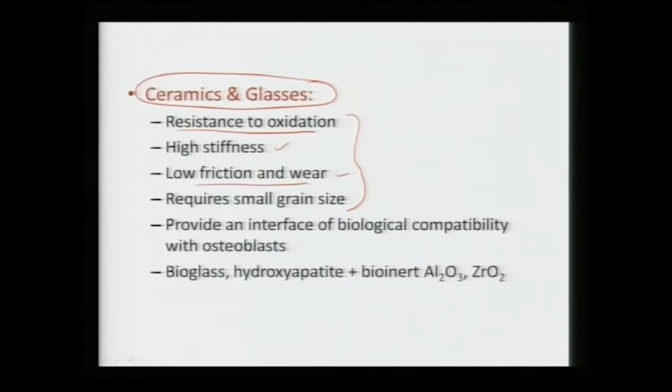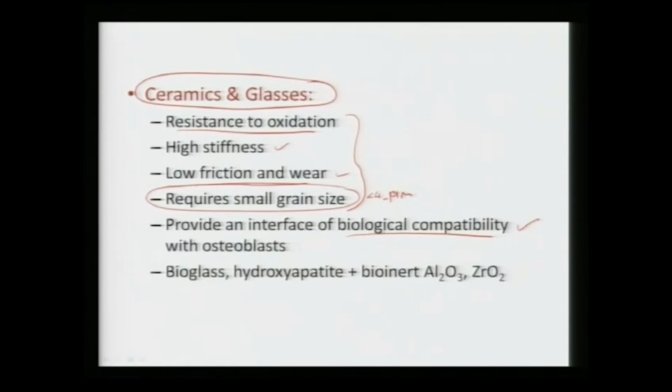One limitation imposed here is that they require a very small grain size, on the order of less than 4 micrometers, specifically for aluminum oxide with a certain purity. The additional advantage with ceramics is they can provide an interface of biological compatibility with osteoblasts. This is the basic feature of ceramics, which can provide much enhanced cytocompatibility with real life tissues.